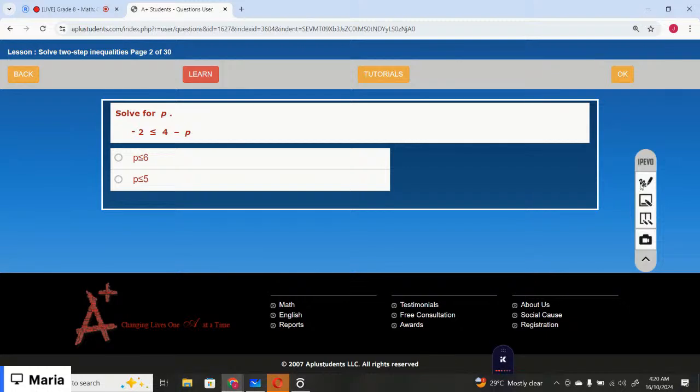Okay, I will explain. Sorry. That is negative 2 is less than or equal to 4 minus p.